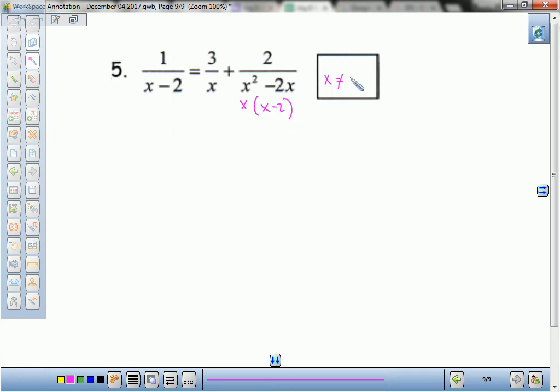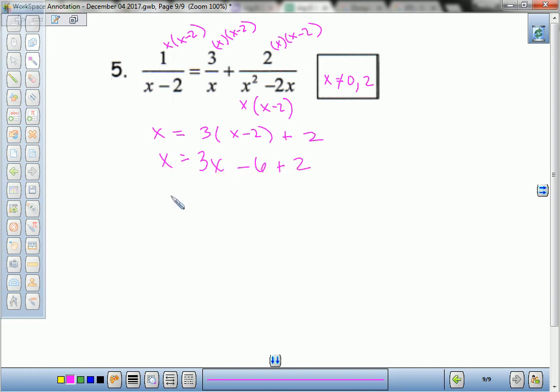My restricted values are 0 and 2. So we got to multiply each one of them by x times x minus 2. This leaves us x equals 3 times x minus 2 plus 2, which is x equals 3x minus 6 plus 2.